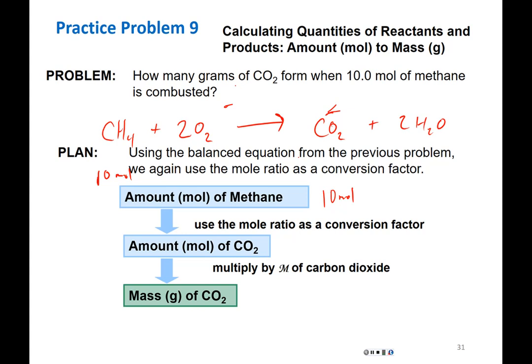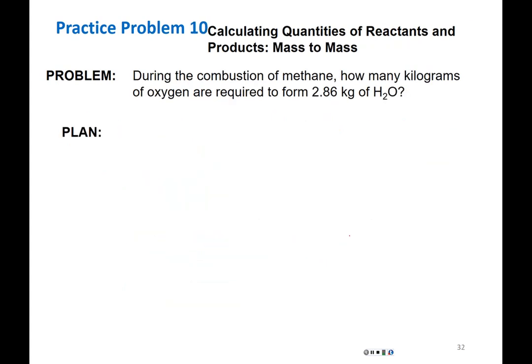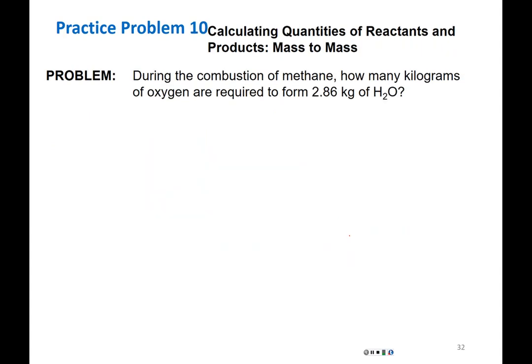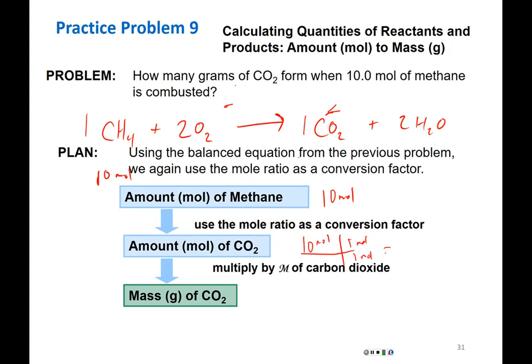So 10 moles of methane, convert that into moles of CO2, and this is simple because it's a 1-to-1 ratio. And you might not even need to write this out, but when we're learning here, I think it's important to just remember how it's done when you get some other fraction that's different.